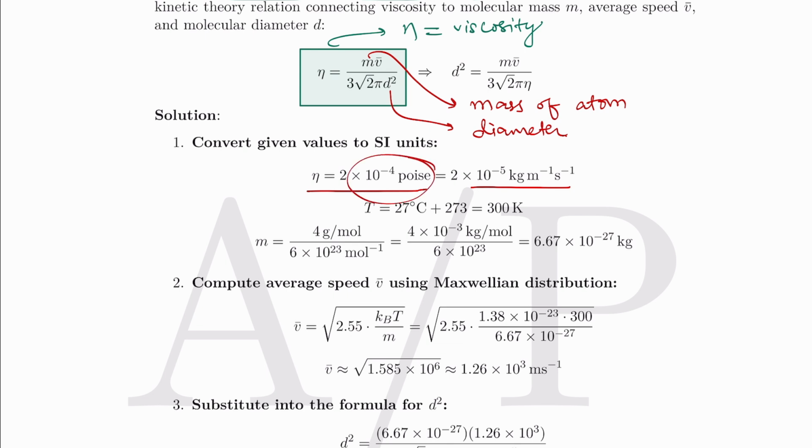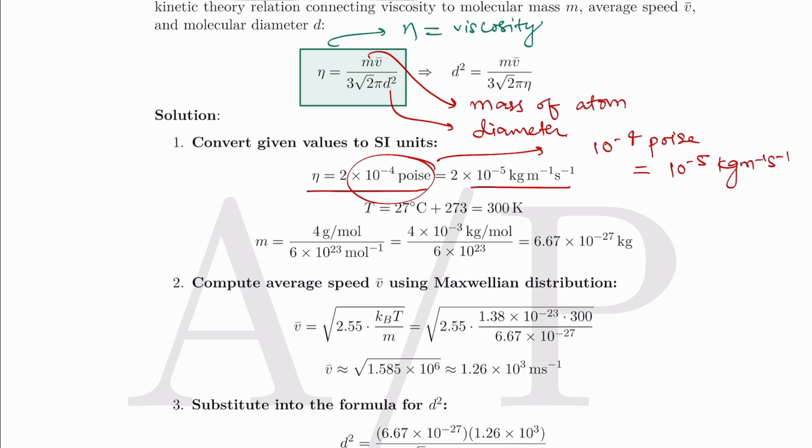So you can see there is some relation between poise and the SI unit, which can be calculated. We can write that 10 to the power minus 4 poise is simply 10 to the power minus 5 kilogram per meter per second.